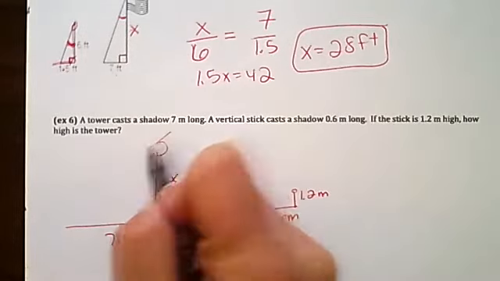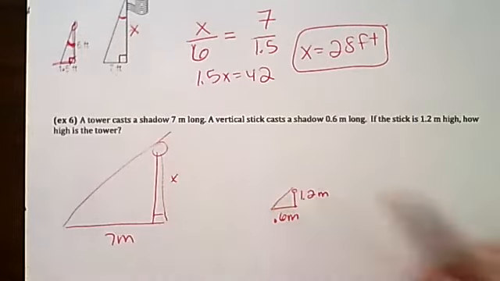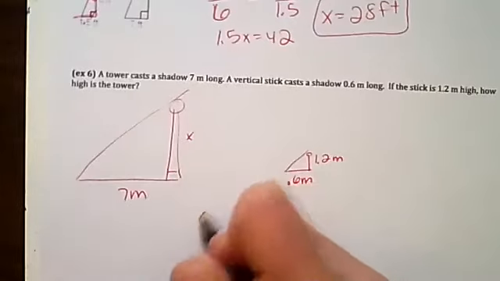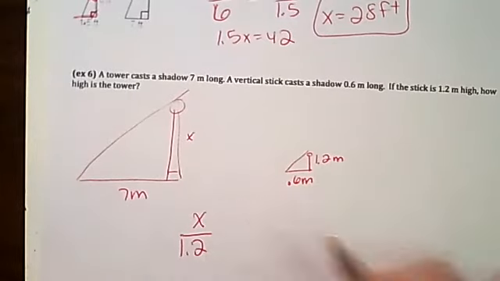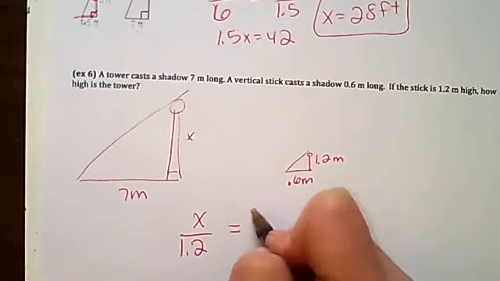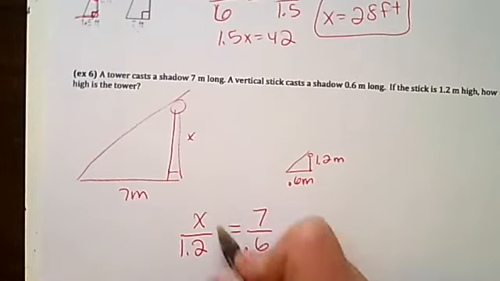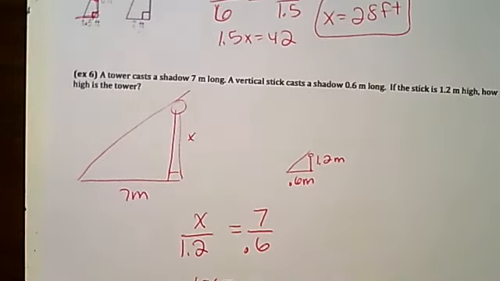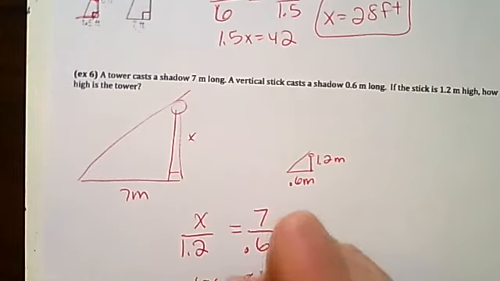So see how we have the triangles. Same idea. You can go height of the tower to height of the stick equals shadow of the tower to shadow of the stick, and then cross multiply. So this is going to be 0.6x equals 8.4.